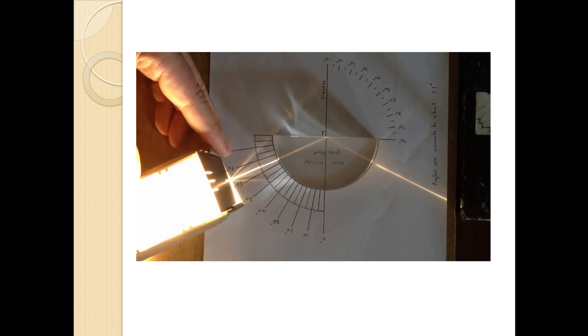When i reaches the maximum value, equal to 90 degrees, r reaches its maximum value too, equal to the critical angle ic. So when we beam the light from the medium having the lower index of refraction to another medium, we always have a refracted ray in the second medium. That means total internal reflection doesn't happen.